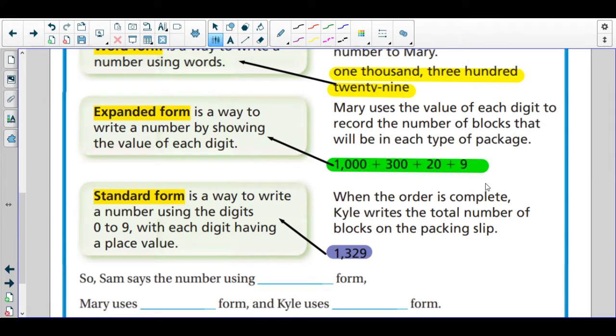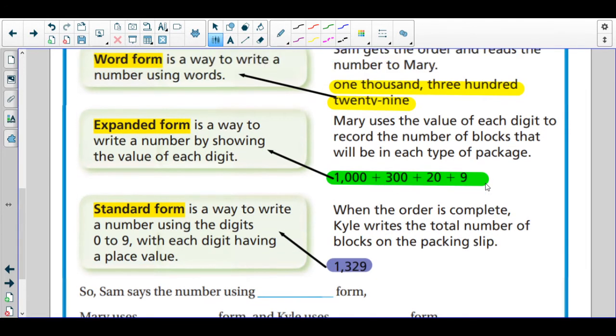So if we look down here then, Sam says the number using what form? Well, that is going to be word form.